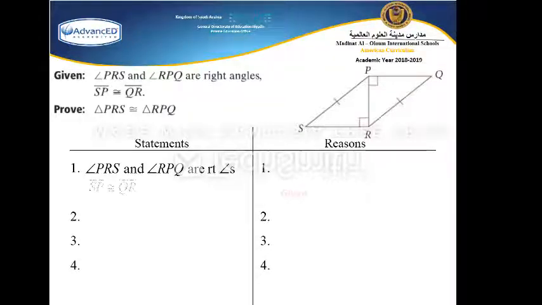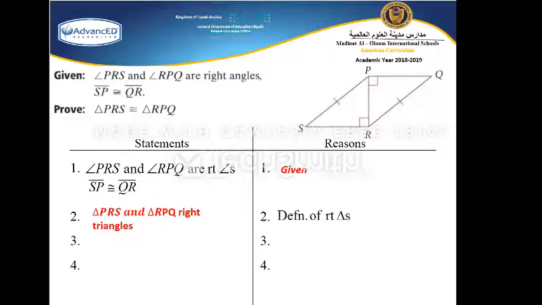This is given. And also SP is congruent to QR. Here, the two triangles PRS and RPQ are right triangles. This is the definition of right triangles, because in the given he told us that both of the two angles are right angles, then we have two right triangles.